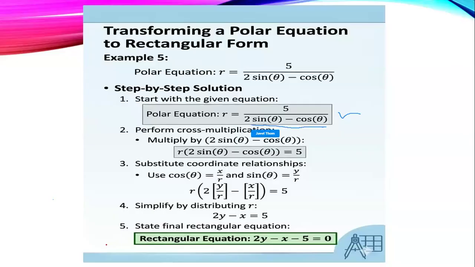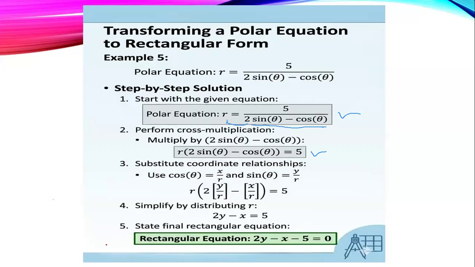We have 2 sine theta minus cos theta dividing, so we take that over with r. Since it's dividing, it goes over and multiplies. Now we have r times 2 sine theta minus cos theta equal to 5.